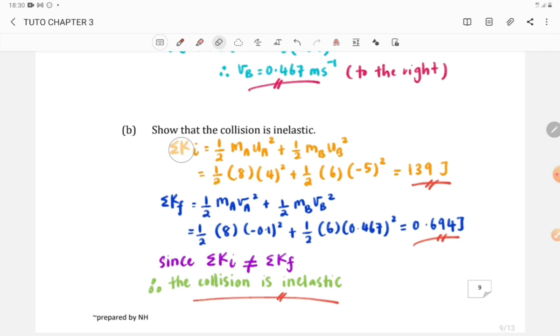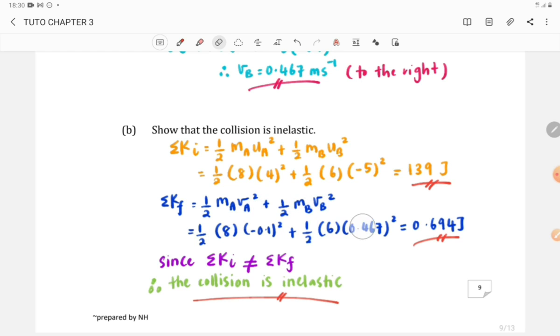So we calculate the total kinetic energy initial first by using half MA UA square plus half MB UB square. Substitute all the values and finally you will get the total kinetic energy initial is 139 joule. And then next we calculate the total kinetic energy final using the formula half MA VA square plus half MB VB square.